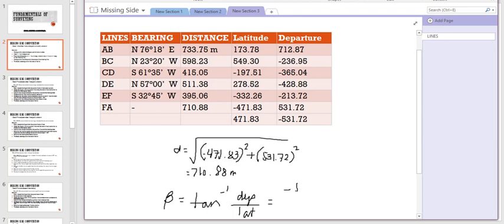The departure is 531.72, divided by 471.83, and this is negative.